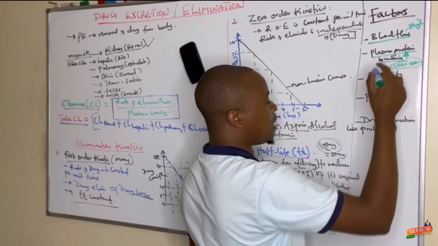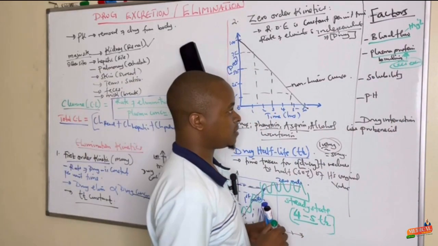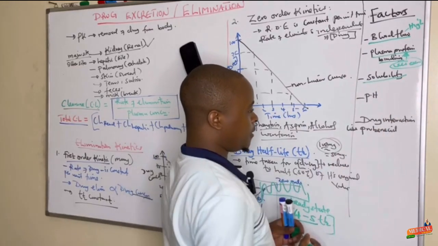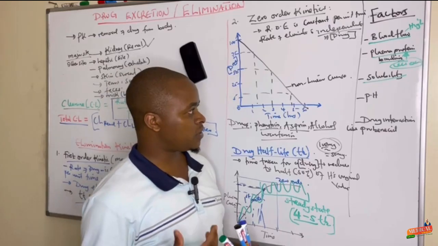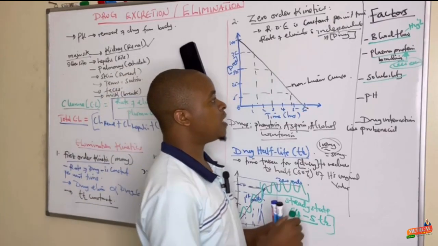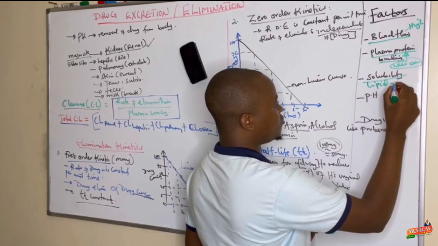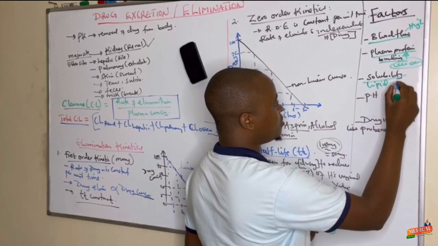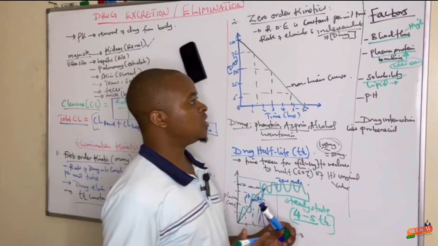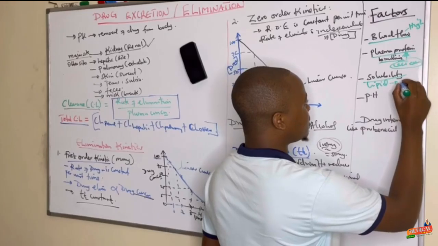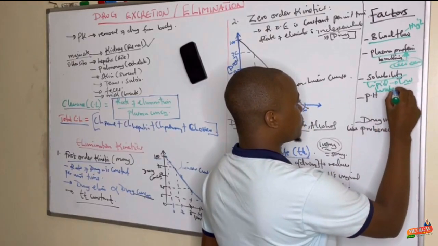Because when it is bound to albumin, it cannot be filtered through the glomerulus. Then solubility affects tubular secretion and reabsorption, whereby lipid soluble drugs are reabsorbed into the blood circulation, so lipid soluble drugs have a low rate of elimination compared to water soluble drugs.